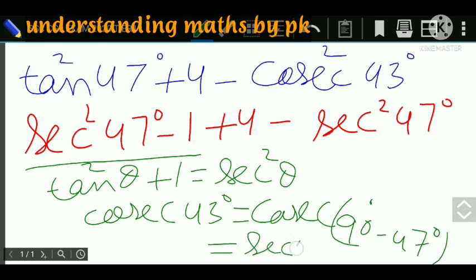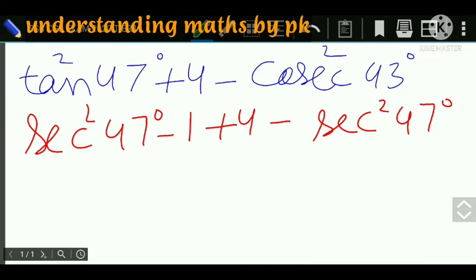So theta value is 47 degree, sec 47, because this lies in the first quadrant, and in the first quadrant all the values are positive.